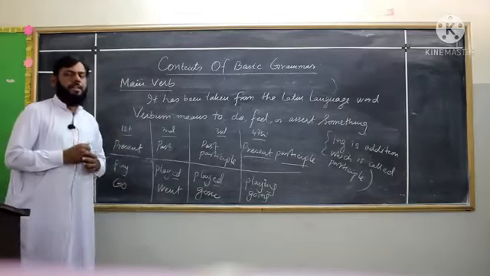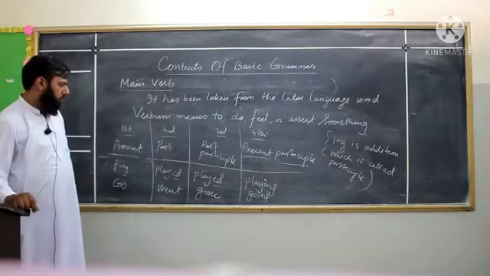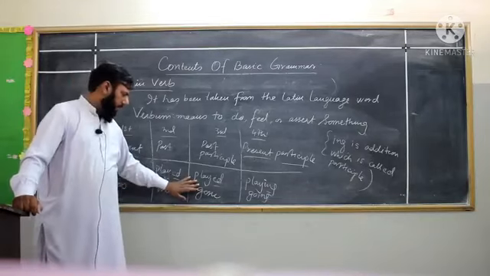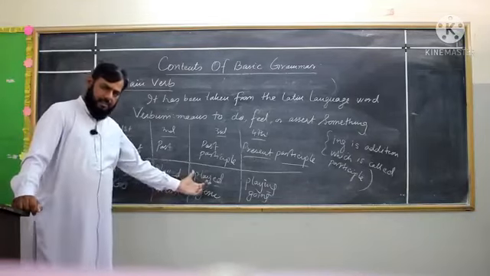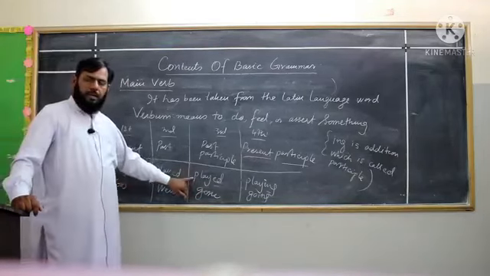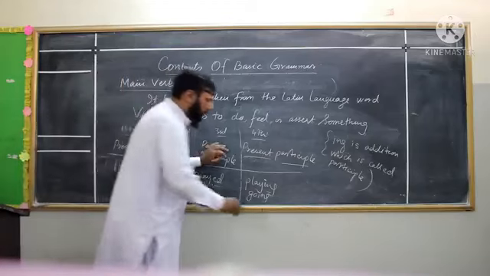Why have I written these two forms of the verb before you? One is following the simple pattern, like we are just adding ed. Such a kind of verb, which creates the second and third form by adding ed, is a regular verb.